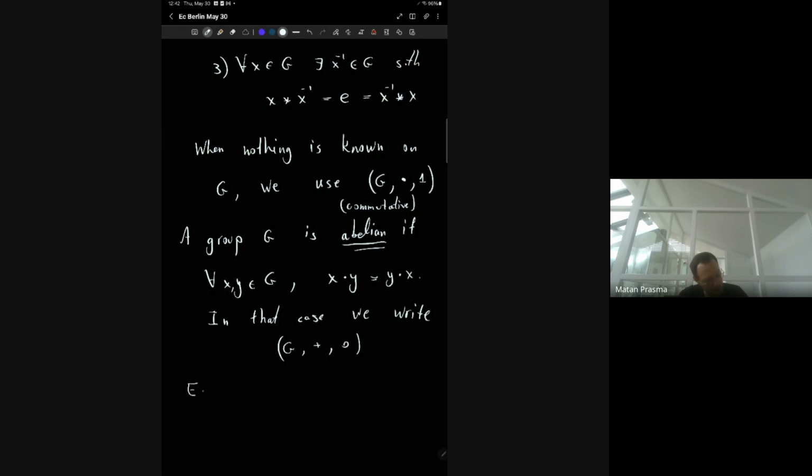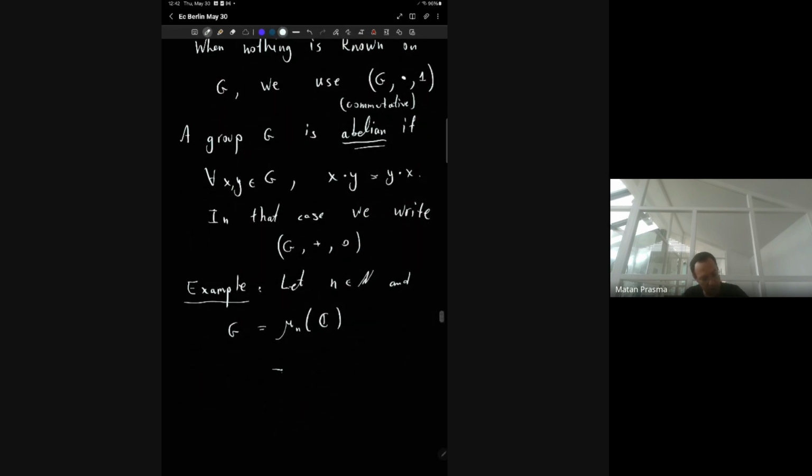An example for it: let n be some natural number, and G as a set is the set of nth roots of unity over the complex numbers.